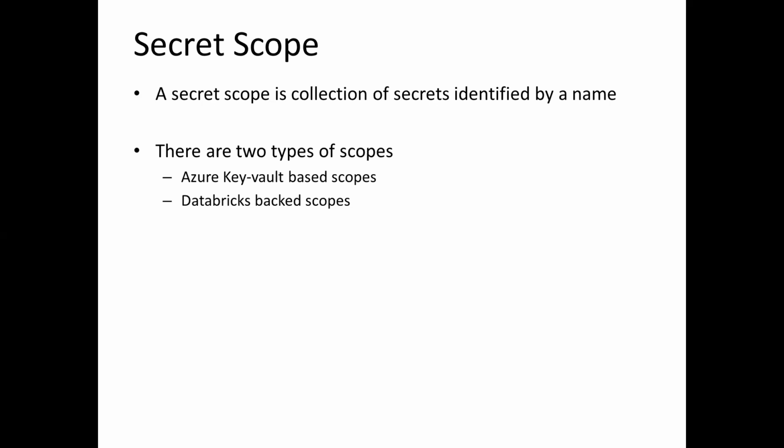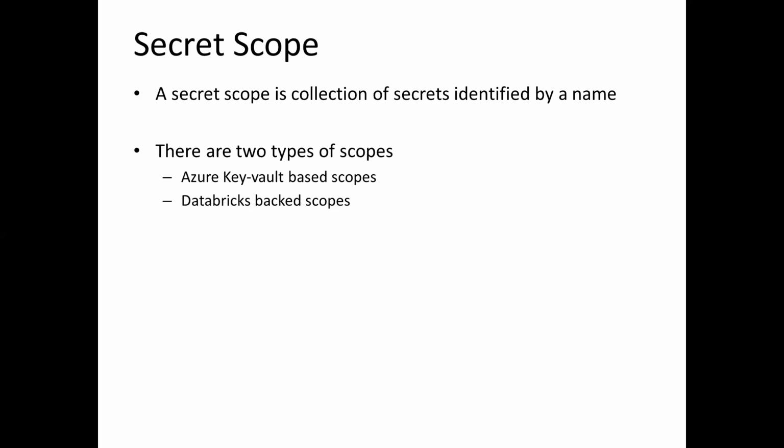Now there are two types of scopes that we can create. One is Azure Key Vault based and another one is Databricks backed. Since we are talking about Azure Databricks, Azure also provides a key vault, so we can use that to integrate with Azure Databricks.